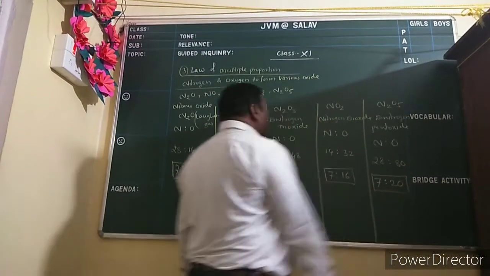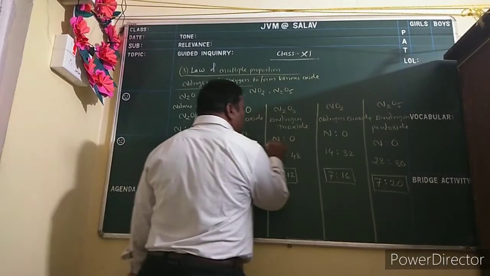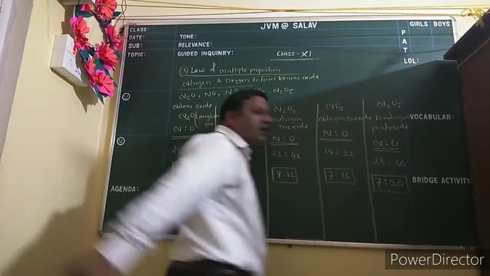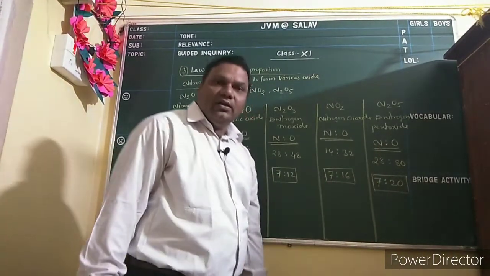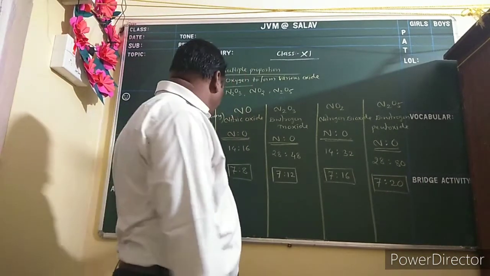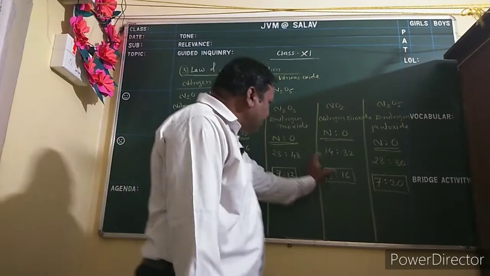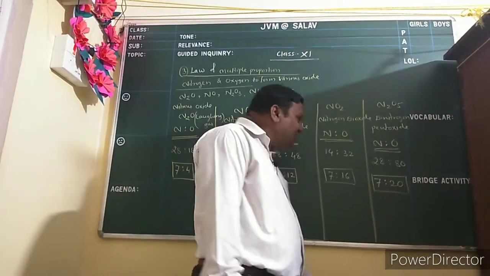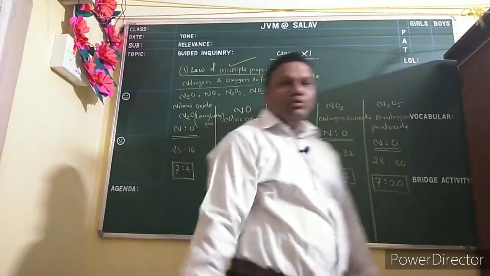Listen carefully. Here also it is nitrogen to oxygen, nitrogen to oxygen. In all cases it is only the ratio between nitrogen and oxygen, but the proportion remains different. The proportions are different: 7 to 4, 7 to 8, 7 to 12, 7 to 16 and 7 to 20. That is called the law of multiple proportions.